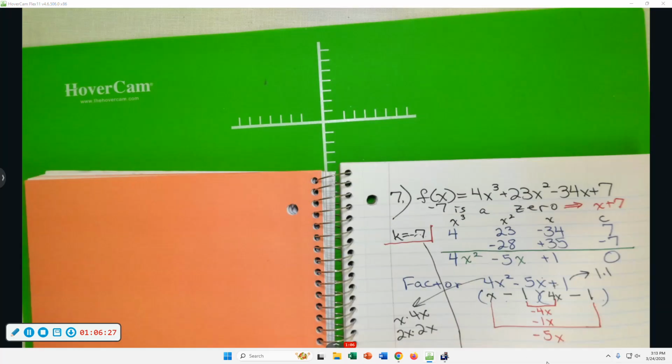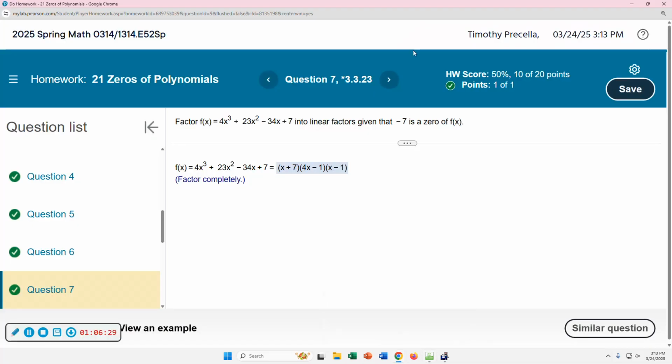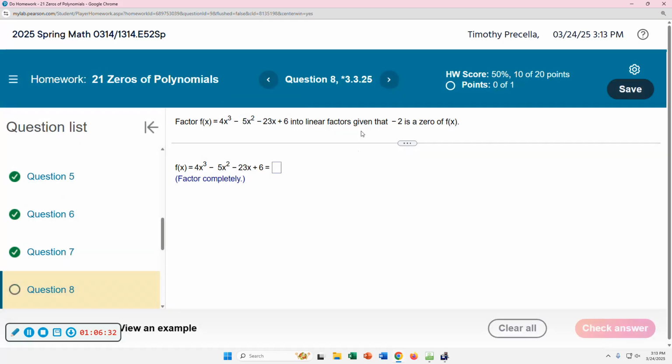Let's do number 8. It's another one just like it. Number 8, f of x equals 4x to the third minus 5x squared minus 23x plus 6.